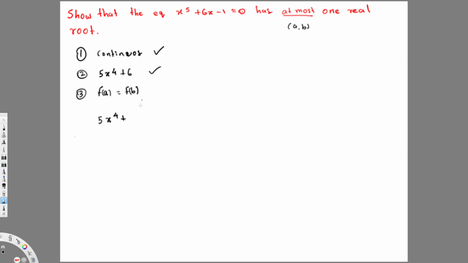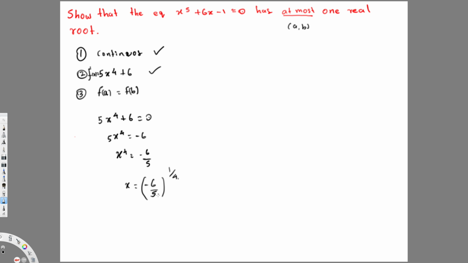If we satisfy these three conditions, then we can equalize this to 0. This is the first derivative, I found it already, so I can say this is f prime x. So 5x^4 plus 6 is equal to 0. Then from this I can solve the equation. 5x^4 is equal to minus 6, x power 4 is going to be minus 6 over 5, and therefore x is going to be equal to minus 6 over 5 to the power 1 over 4.